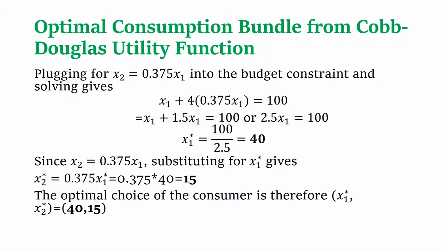So the optimal choice of the consumer is therefore x1 star, x2 star equals 40 and 15, right? Simple. This is straightforward. I expect everybody to be able to solve this one.